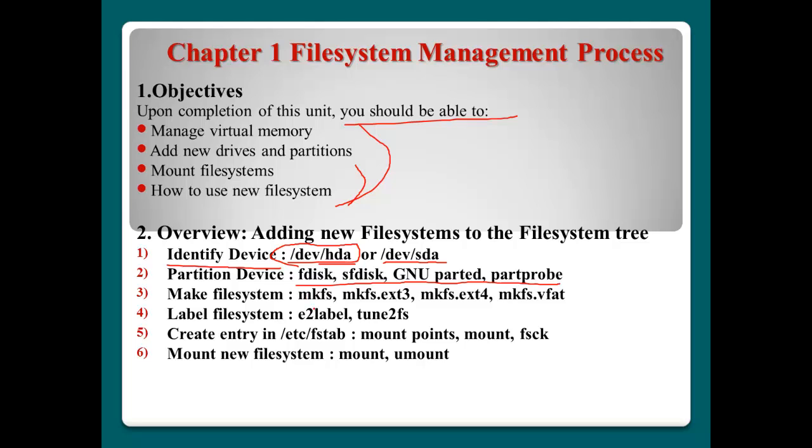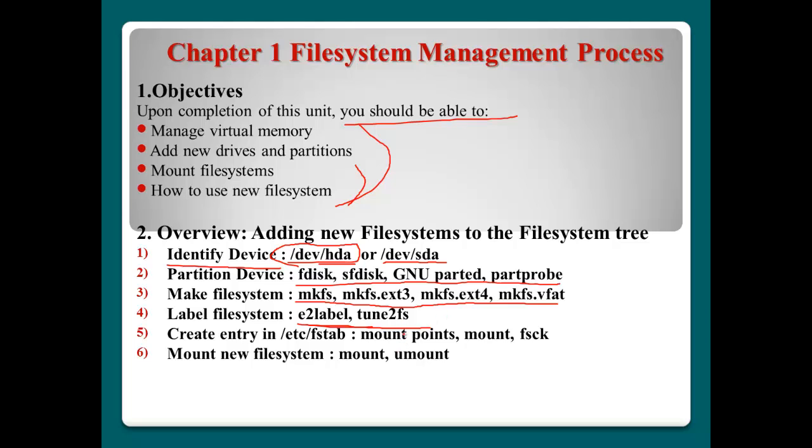After we create these new partitions, we need to create a file system using commands like mkfs, ext3, ext4, or similar. And then label the file system. Normally the file system must have its own name. We call it the label, and using the label and tune2fs, we can create these names.